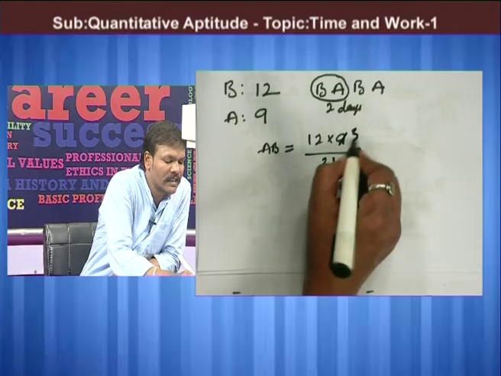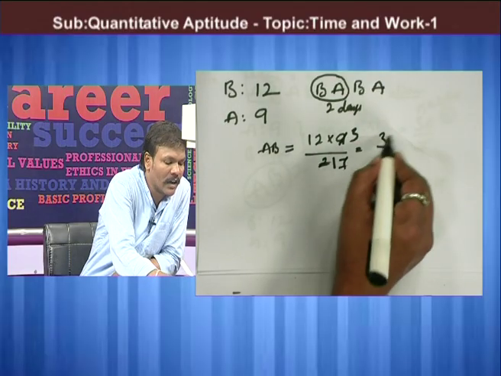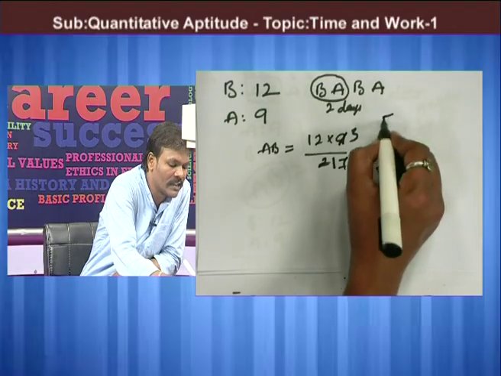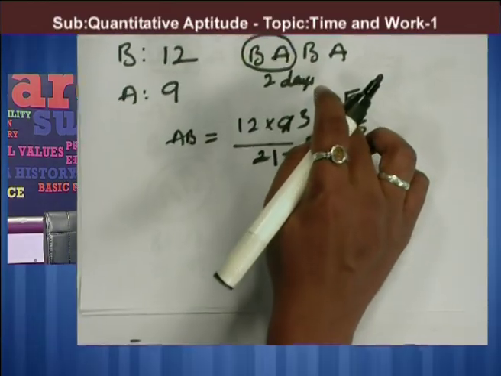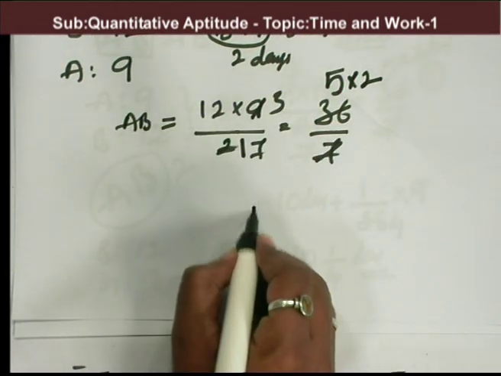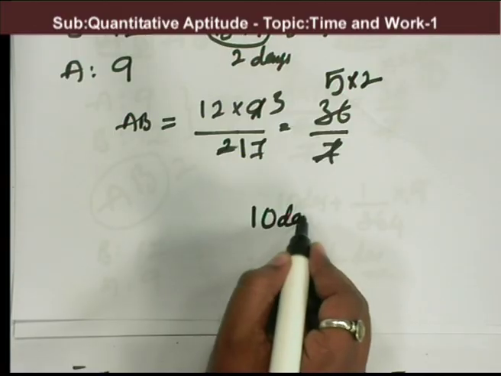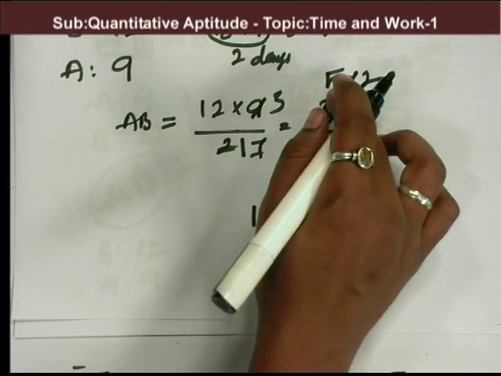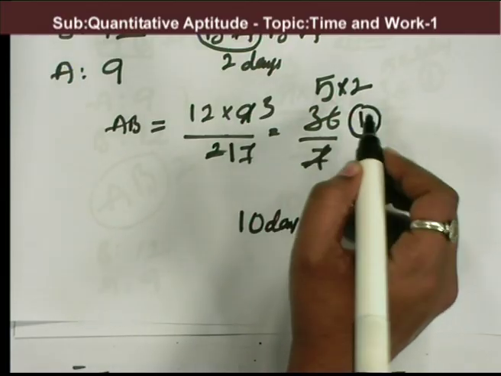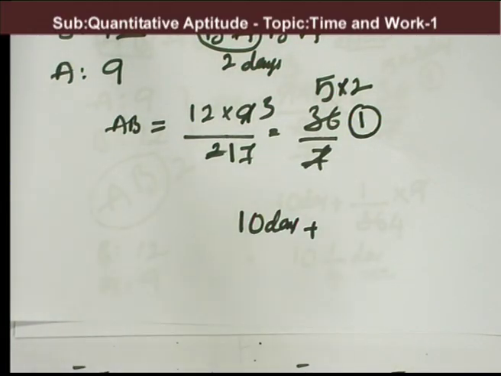3 3s are 9, 3 7s are 21, 36 by 7 days. What we get as the result is 7 5s are 35. What we have as the result is 5, that is for alternate days, 5 times 2 is 10 days, but it is not exactly divisible, and 1 will be the remainder. That means some of the work will remain.